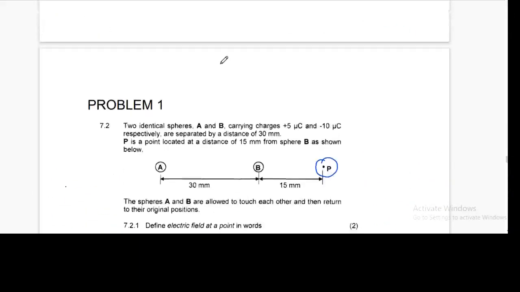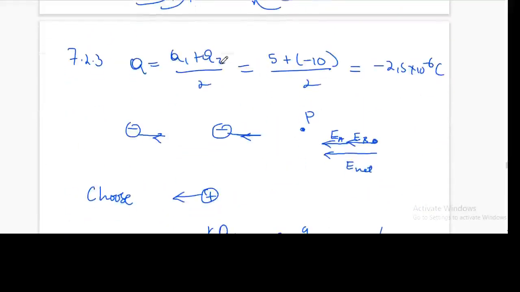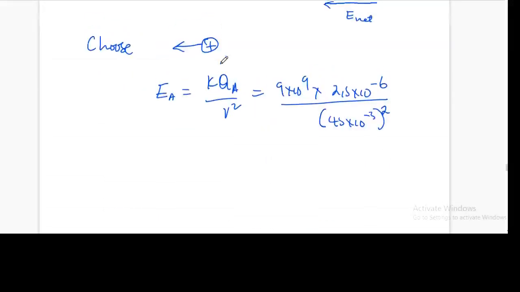Let's check again: yes, it's micro. So 9 times 10 to the power 9 multiplied by 2.5 times 10 to the power minus 6, divided by 45 times 10 to the power minus 3, all squared. So I have 11.11 times 10 to the power 6 newtons per coulomb.